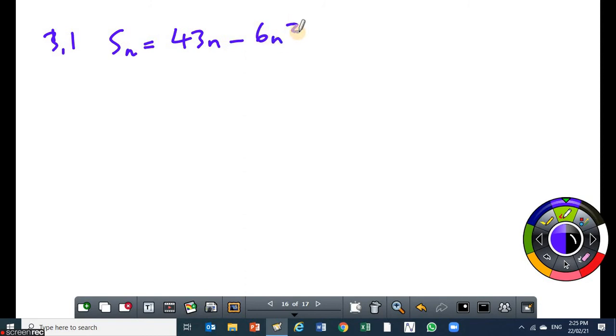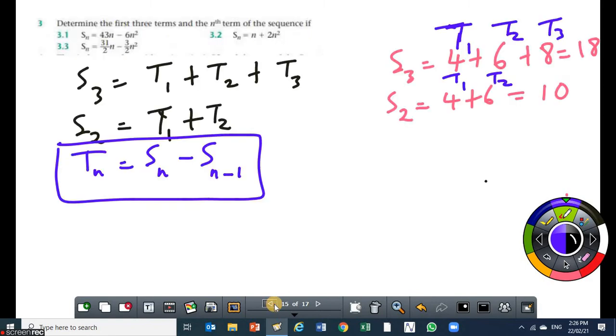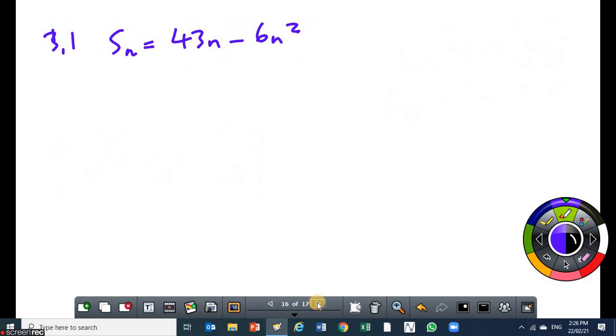The question says determine the first 3 terms and the nth term of the sequence, which means we need to determine a general term. So we'll start by saying S1 is going to be equal to... By S1, we are saying n is equal to 1, which is the first term of the series. It's also the first term of the arithmetic sequence.